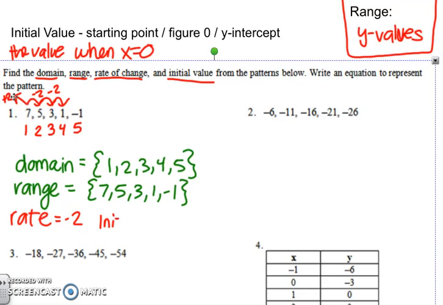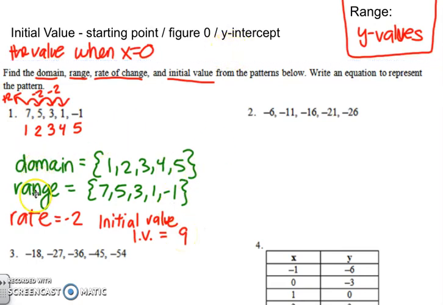So your initial value, you can abbreviate that IV, is going to be a 9. So in sequences, you do have to go backwards, and so they're subtracting 2. So I would go backwards and add 2 from this number and get 9. So my initial value would be a 9. Okay? So that is how you find domain, range, and initial value and rate from a sequence.